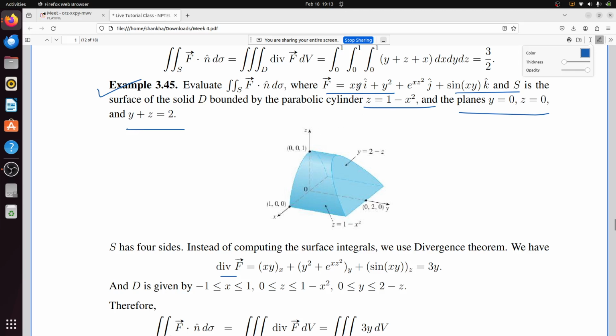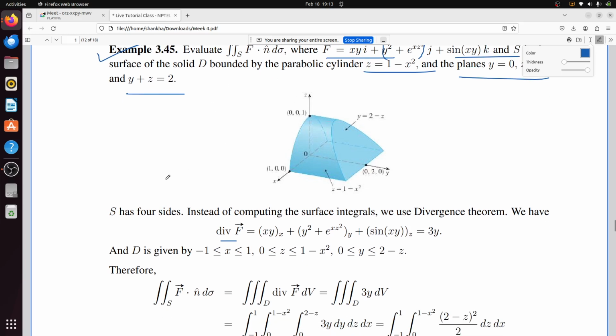So your F is given as xy i cap plus y square plus e to power x z square j cap plus sin xy k cap, and S is the surface of the solid D bounded by the parabolic cylinder. Now S has 4 sides, and for 4 sides you have to take the surface integral.